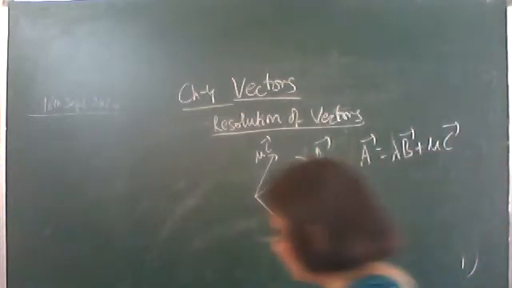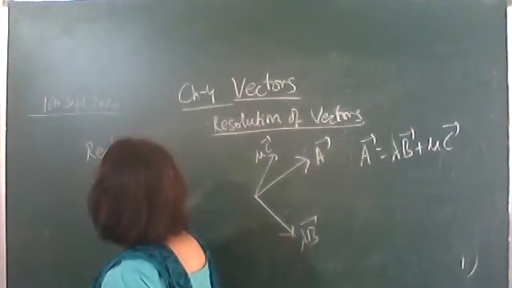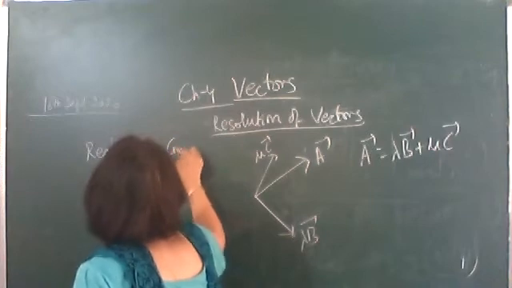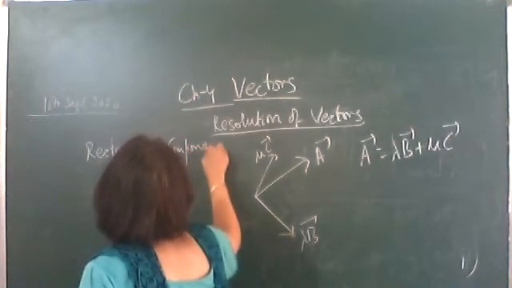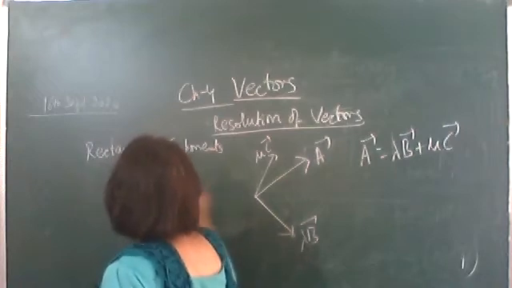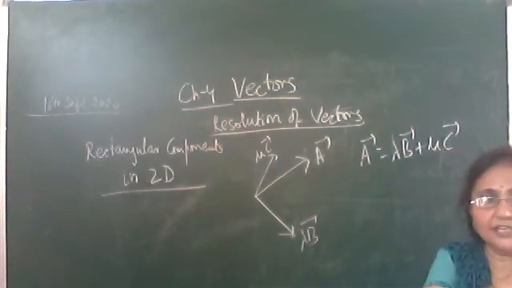Now here we'll come to rectangular components. After that write the heading: rectangular components in two dimensions, in 2D.